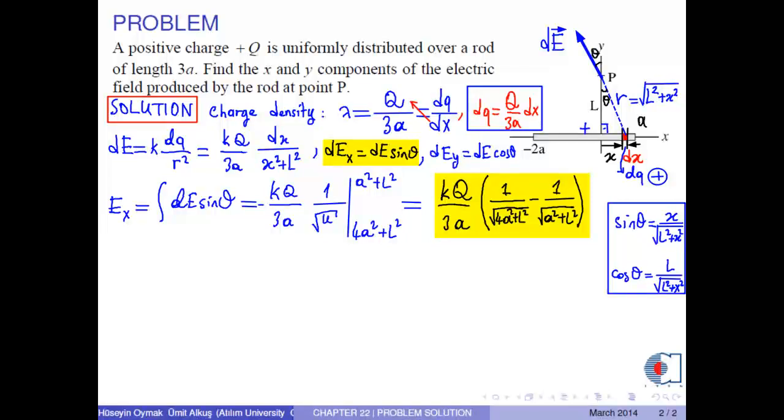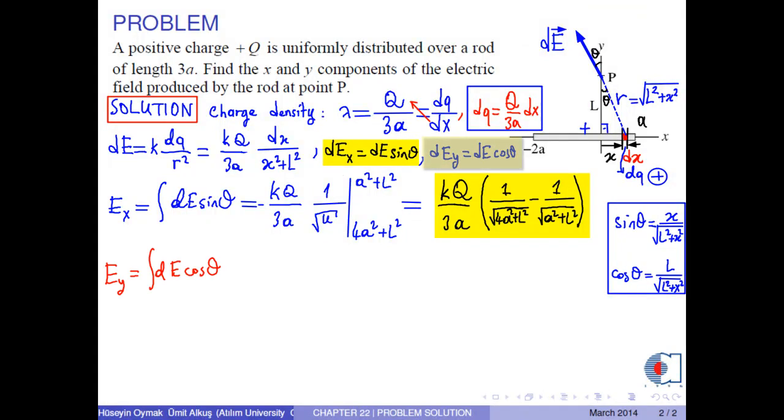By the same way, the y component of the electric field is Ey equals the integral of dE times cosine theta. dE is kQ over 3a times dx over x squared plus L squared, and cosine theta is L over square root of L squared plus x squared.